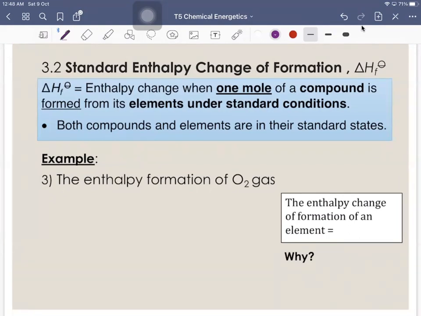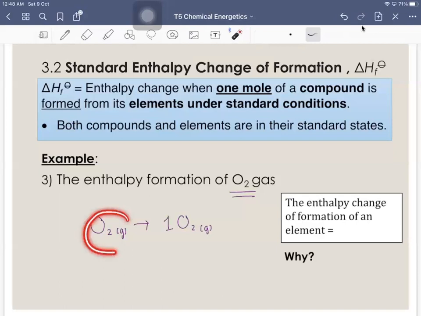Okay, so I want to form 1 mole of oxygen gas from its elements. Oxygen as an element is O2, and it is also a gas. So this is the enthalpy change of formation of oxygen gas.